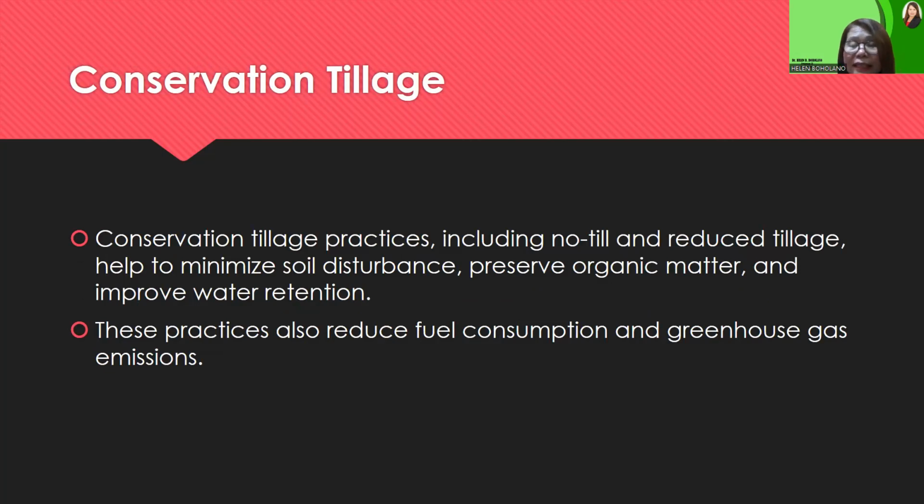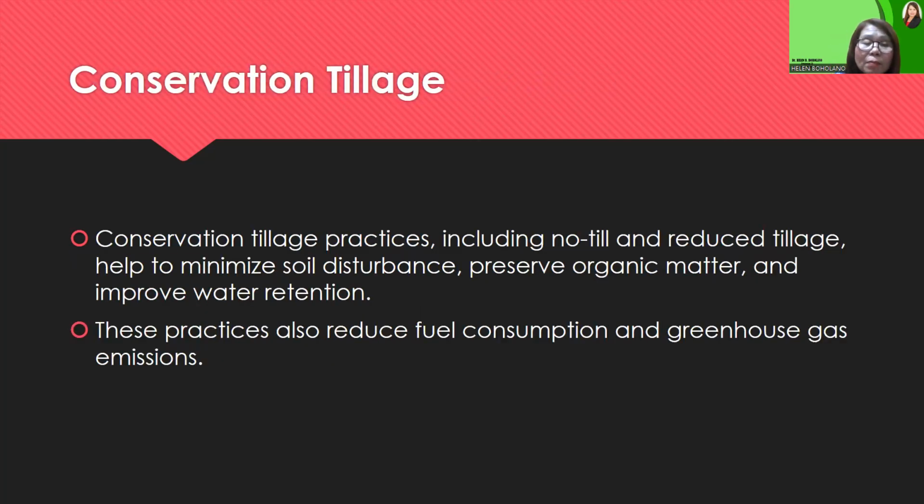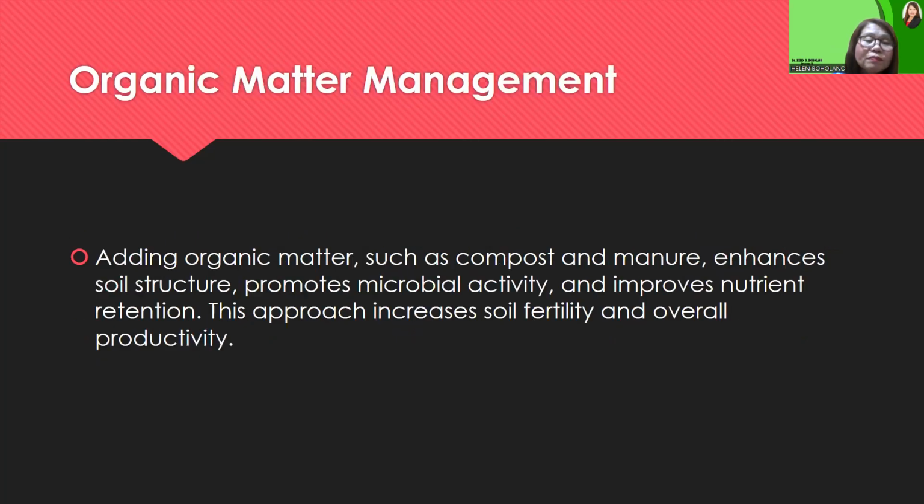Conservation tillage practices, including no-till or reduced tillage, help to minimize soil disturbance, preserve organic matter, and improve water retention. These practices also reduce fuel consumption and greenhouse gas emissions. So it will help us, no, because it will improve water retention.